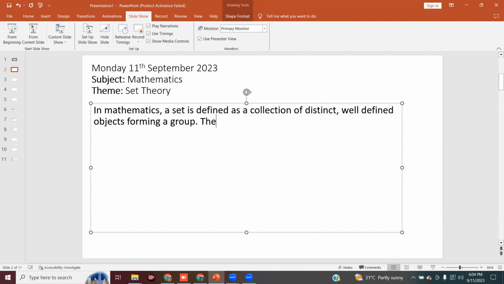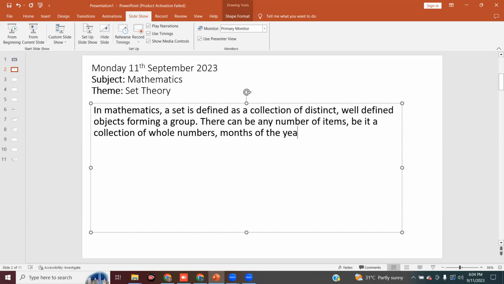Now, there can be any number of items, be it a collection of whole numbers. It could be months of the year. It can be types of birds, etc., and so on.